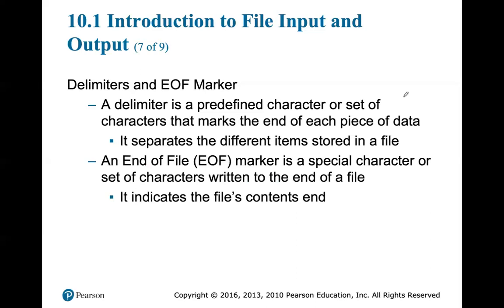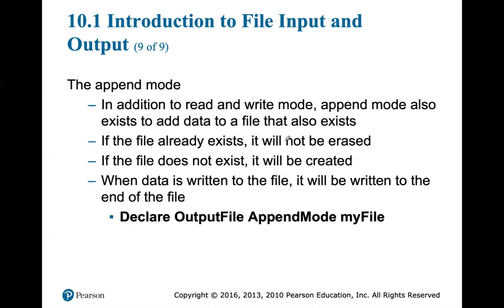A piece of data can be just one sentence, and the period would be that delimiter, letting you know that this is the end of the sentence. Or it can also be the tab when you go on the next line. So whenever you press the enter or return key, that can also be a delimiter, letting you know that this is the first line that you read, and now you're reading the second line. So a delimiter lets you know that it is the end of a piece of data, and end of file lets you know that this is the end of the file as a whole.